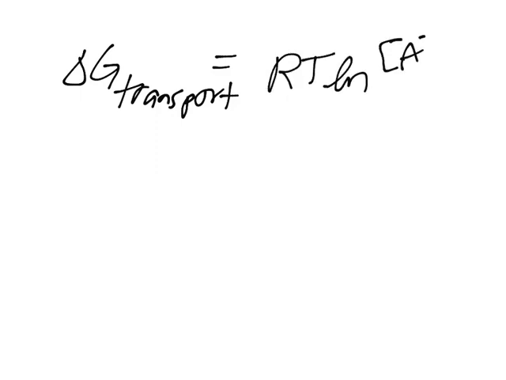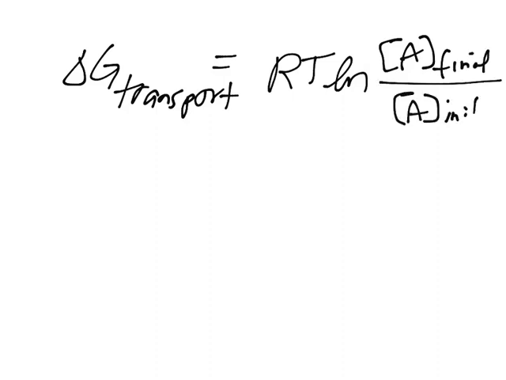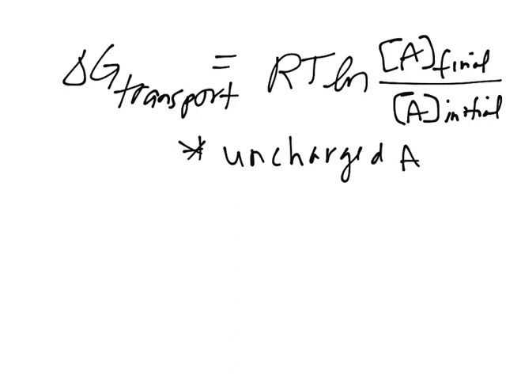So delta G for the transport of some molecule A across the cell membrane, it doesn't matter what direction you're going, is RT natural log concentration of A at the end, so final, divided by concentration of A initial. And this is for an uncharged solute A. So there's no charge on this. So we haven't accounted yet for any electrical gradients that we might have. Okay, so let's do that right now. And I'll go through in an example video how you plug in these concentrations.